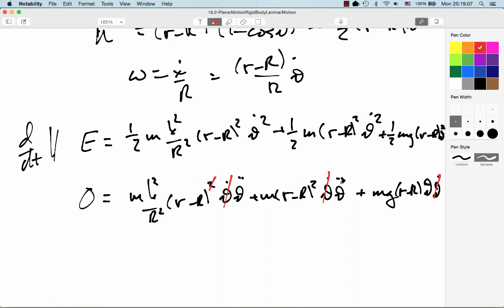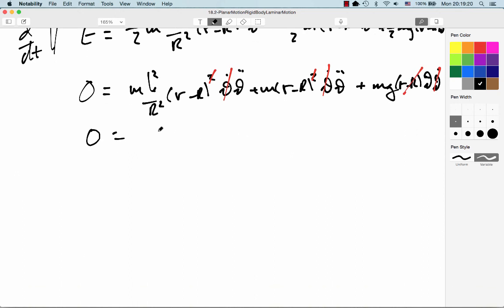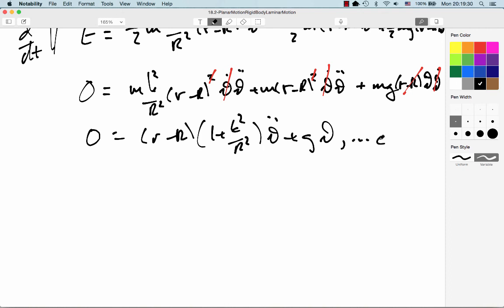And we can cancel one power of R minus r. And rearranging, we get that 0 is equal to (R minus r) times 1 plus k squared over r squared, theta double dot plus g theta, and the rest is just like we did before.